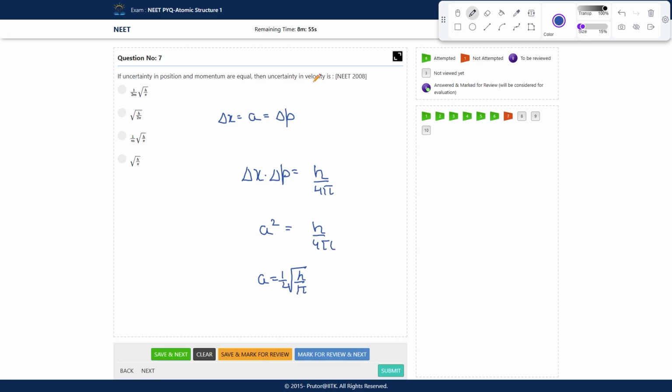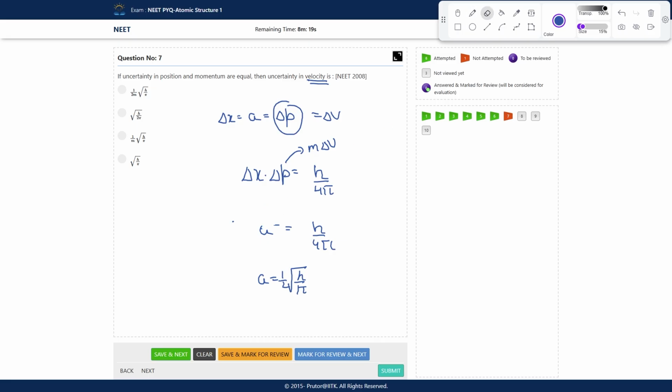But we are cautious about the velocity. Okay, we are cautious about the velocity. So instead of this delta P, we can write mass into delta V. Now the uncertainty in momentum will be equal to the uncertainty in the velocity. So remember this, whatever the uncertainty in momentum, that will be the same for the velocity also. If this is true, then what can we write further?